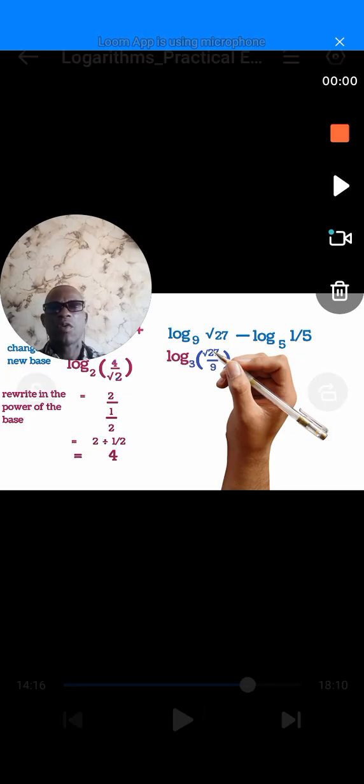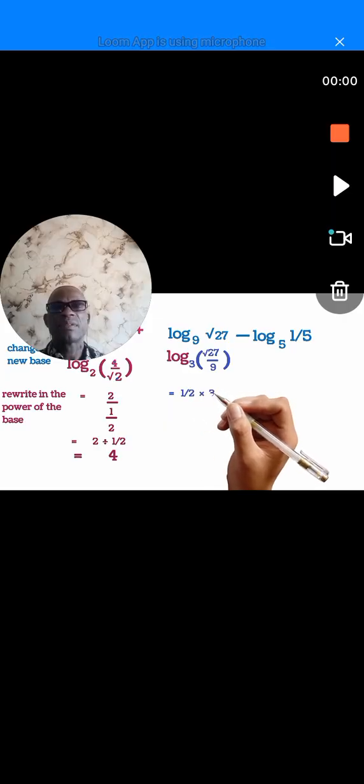So the first thing we are going to do there is to bring out the root. The root becomes 1 over 2 multiplied by the power to which 3 is raised to give us 27. Do not be confused.